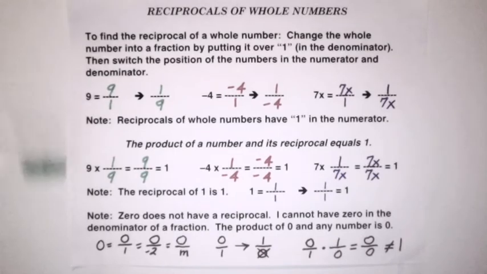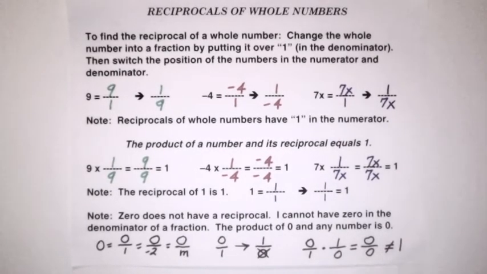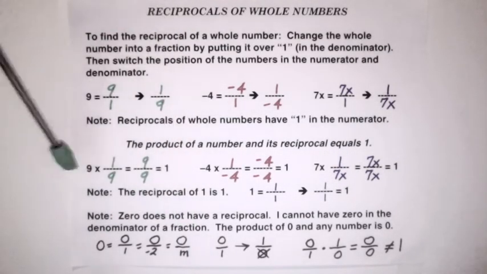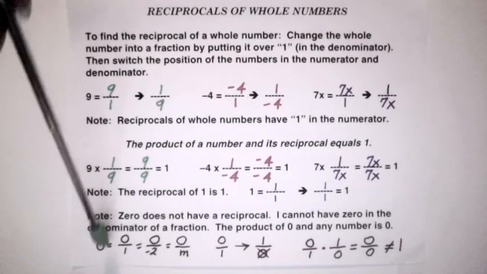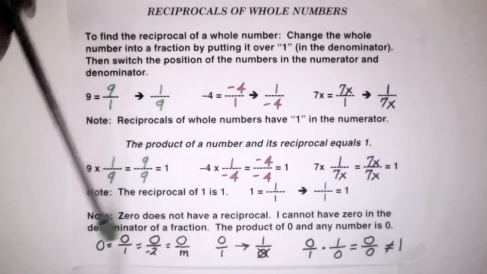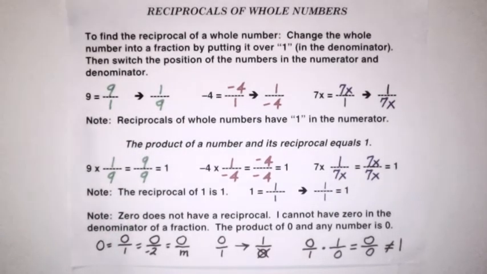This is the most important note on this page. 0 is the only number that does not have a reciprocal. I cannot have 0 in the denominator of a fraction. 0 equals 0 over 1. Any whole number can be written as a fraction over 1. 0 is a special situation.